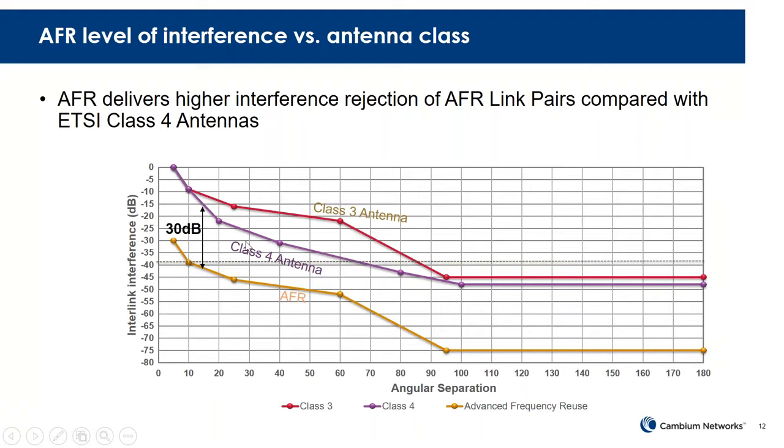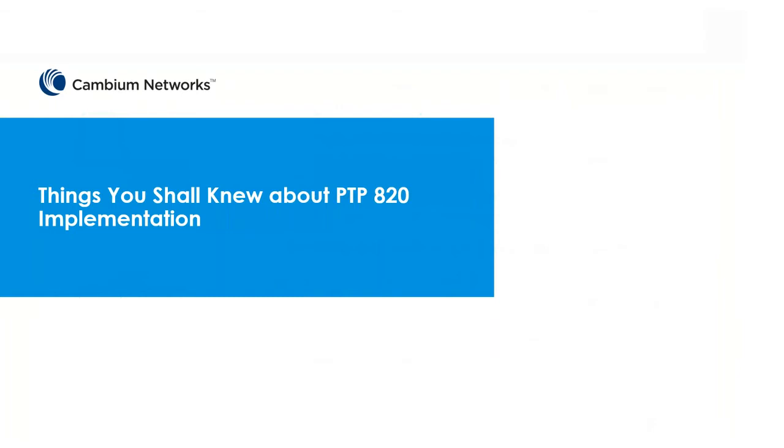So that's the idea. With the AFR frequency reuse, you actually reduce the co-channel interference, and you can achieve high modulation mode. So that's the AFR. These are the two ways of making your frequency reuse more efficient.